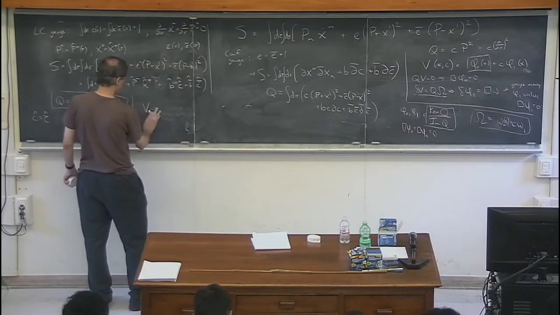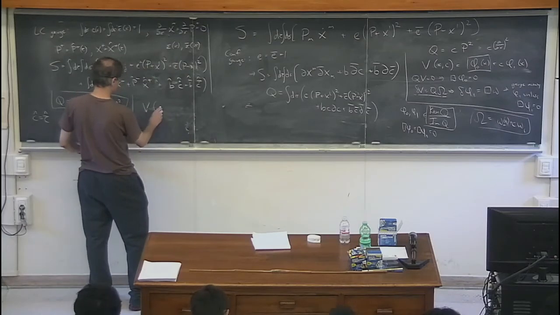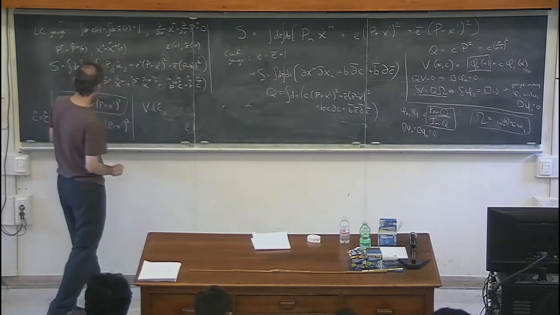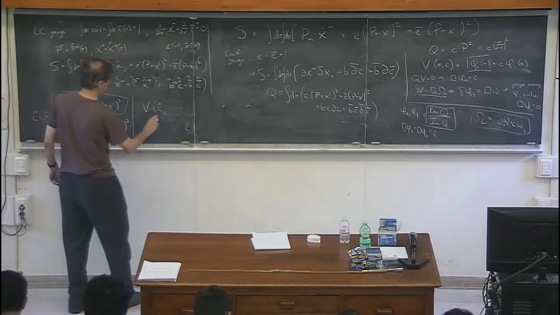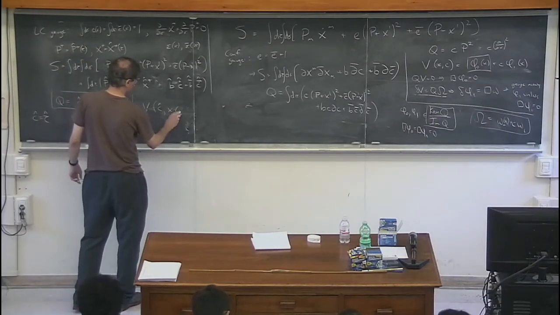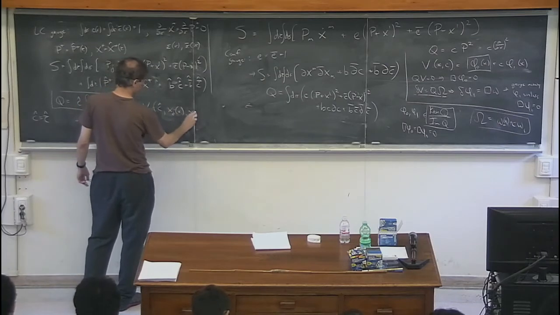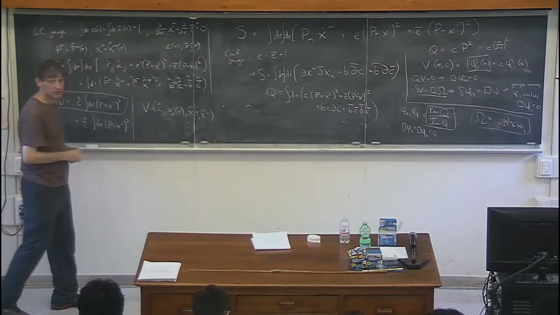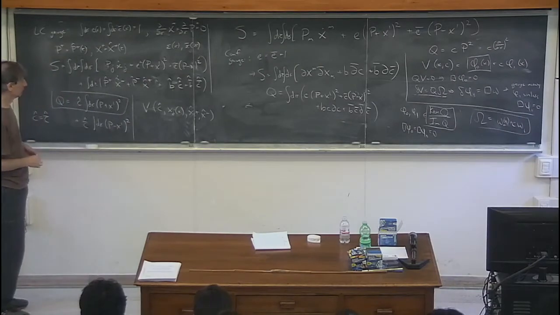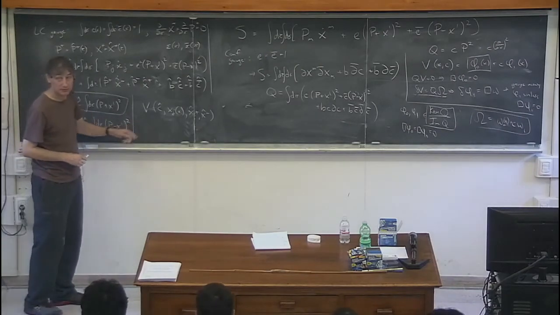Okay, so V is going to be a function of C hat and, of course, of the xj's, which can depend on sigma, and the zero modes, which are just x plus and x minus hat. Okay? So those are the degrees of freedom.